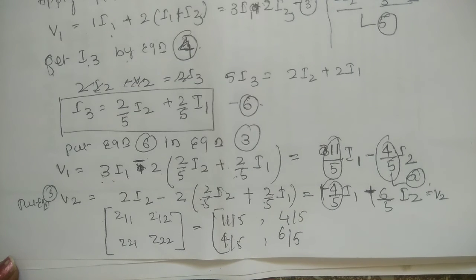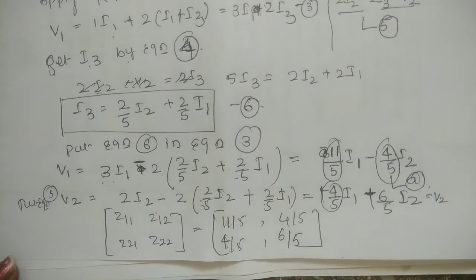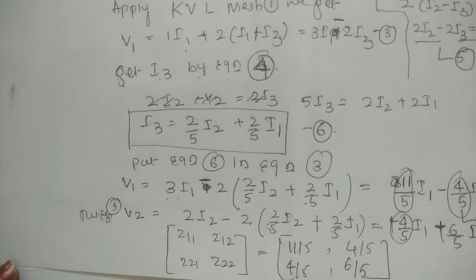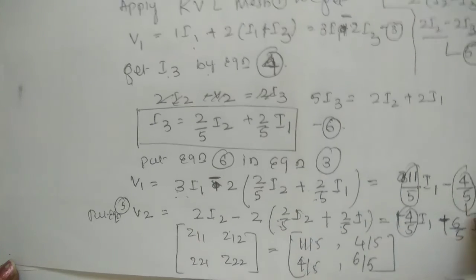Correct? We can get the format in this format. We can get it in the Z parameter. Correct? In one more example we have taken about the Z parameter. It's a simple example for that one.